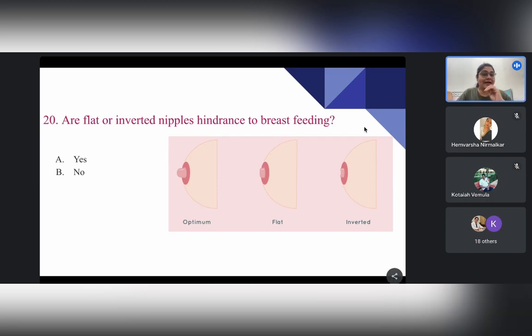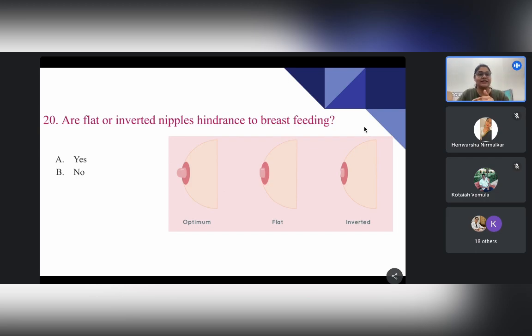Somebody might have a plump or an optimal nipple, or somebody might have an inverted nipple or a flat nipple, but that doesn't mean that they are incapable of breastfeeding. If they are motivated and educated through the proper breastfeeding techniques, then definitely breastfeeding can be carried forward without any hindrances, right?